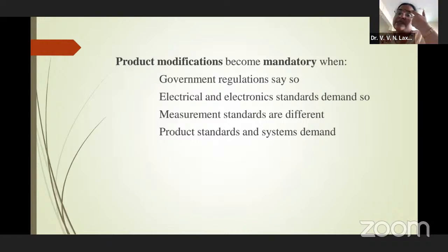There are many circumstances where government regulations might be posed by the law of the land. And if government regulations are there, then it is compulsory for the company to bring in modifications. Then there are certain standards. For example, we have Indian highways where the speed ranges from 80 to 120 kilometers.